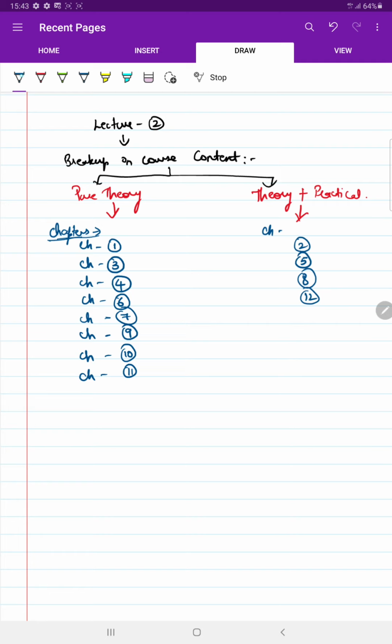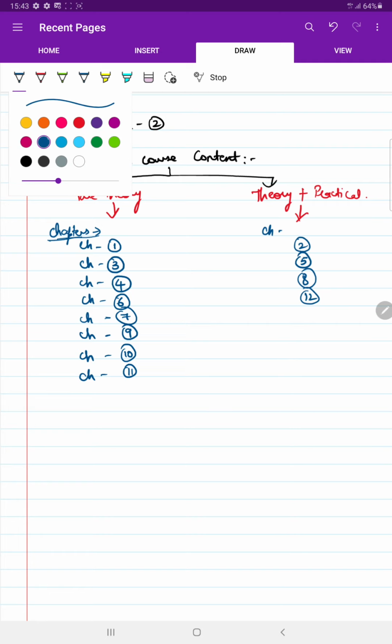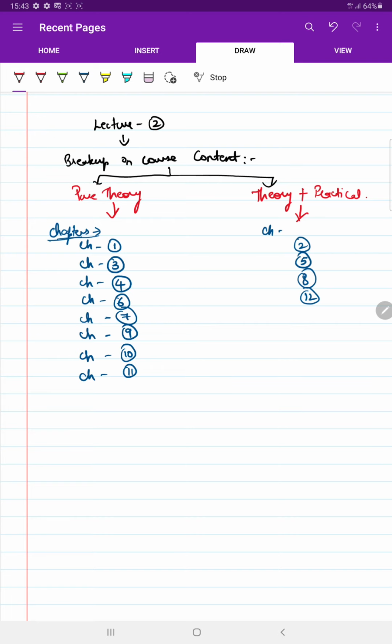Now you will ask, what is the weightage? You should understand the weightage. We will take red color itself. Totally how many chapters in theory plus practical? 1, 2, 3, 4. These 4 chapters in your exam come for 65 to 80 marks. Believe me, these 4 chapters alone come for 65 to 80 marks.